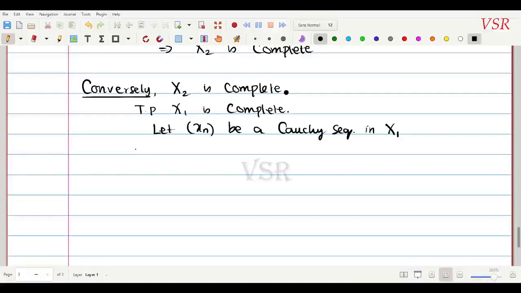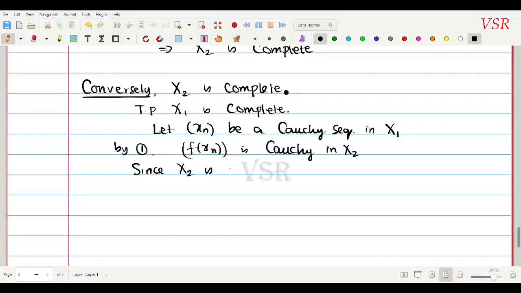This would imply by 1 we have f of xn is Cauchy in X2. Since X2 is complete, there is y belongs to capital X2 such that f of xn converges to y.